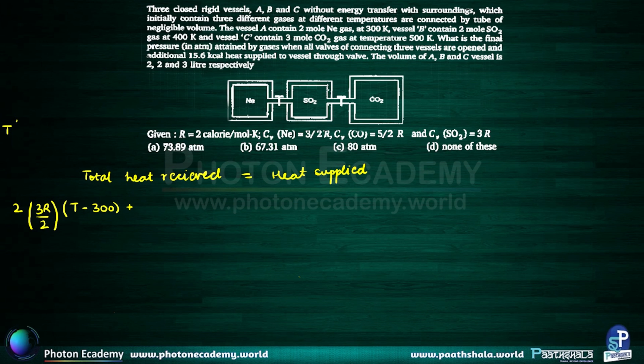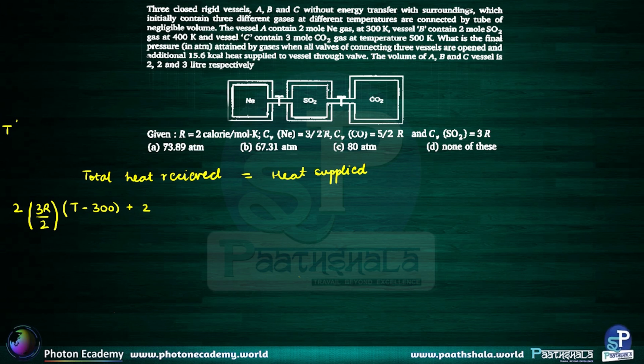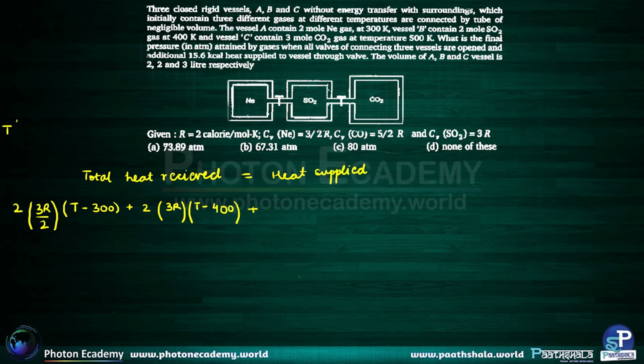Similarly, for SO2, we have the number of moles of SO2 as 2, into CV for SO2 as 3R, into delta T, which is T final minus 400 Kelvin, plus for CO2, we have 3 moles of CO2 into CV, which is 5R by 2, into delta T, which is T minus 500.